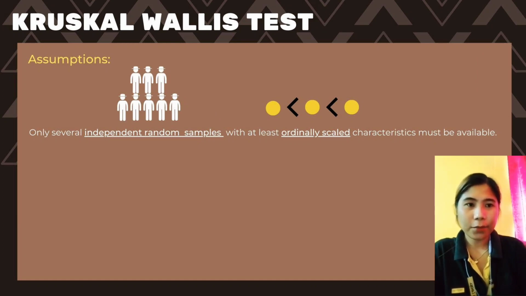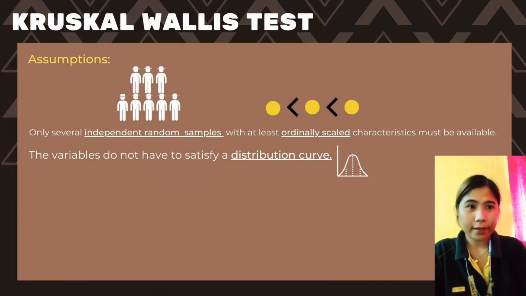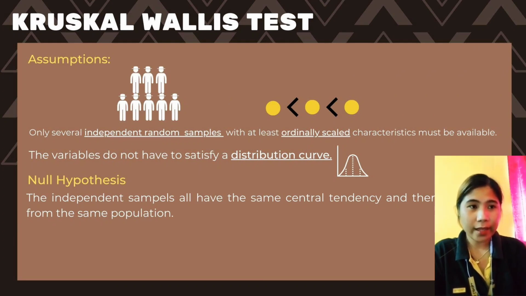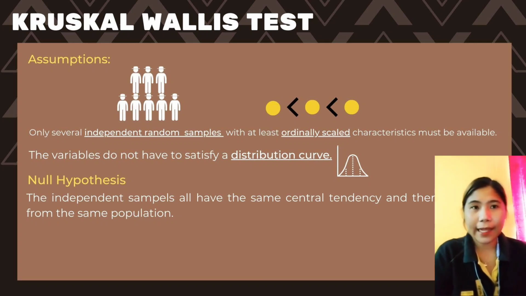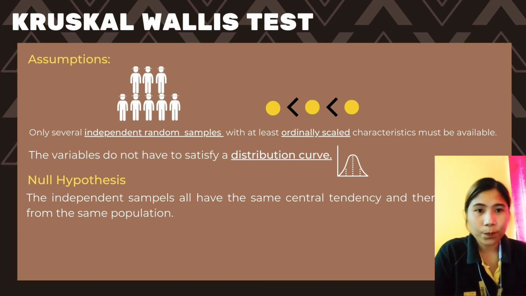Then, null hypothesis. The independent samples all have the same central tendency and therefore come from the same population. So, ano nga ba yung null hypothesis? So, a null hypothesis is a statement that suggests that there is no relationship or walang kaugnayan sa pagitan ng dalawang phenomena o walang kaugnayan sa pagitan ng dalawang group.